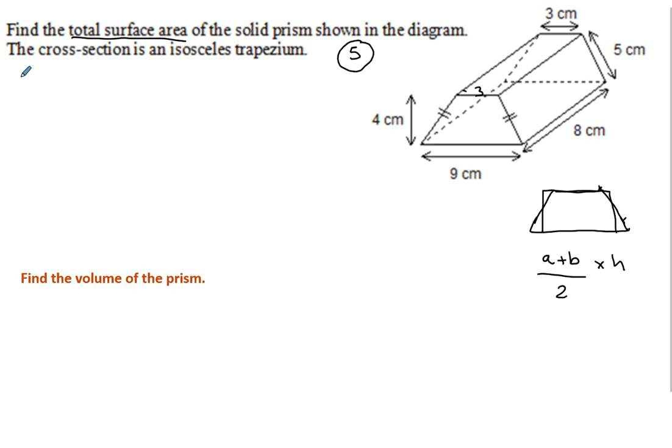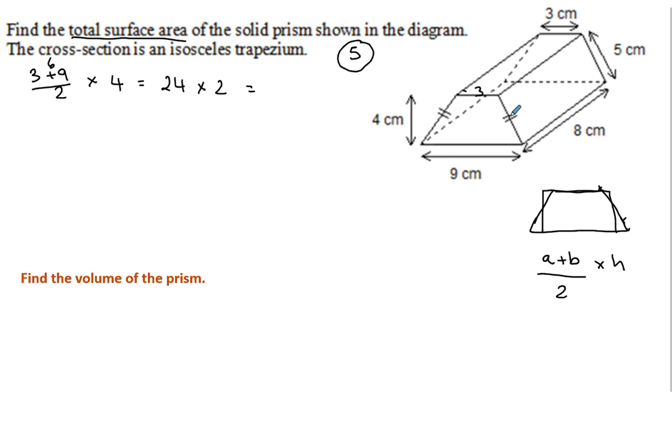Okay, so the trapezium would be 3 plus 9 divided by 2, so that's 12 divided by 2, which is 6, and then times the vertical height, 4, and you've got 24 there. And we've got 2 of them, so that's 24 times 2.